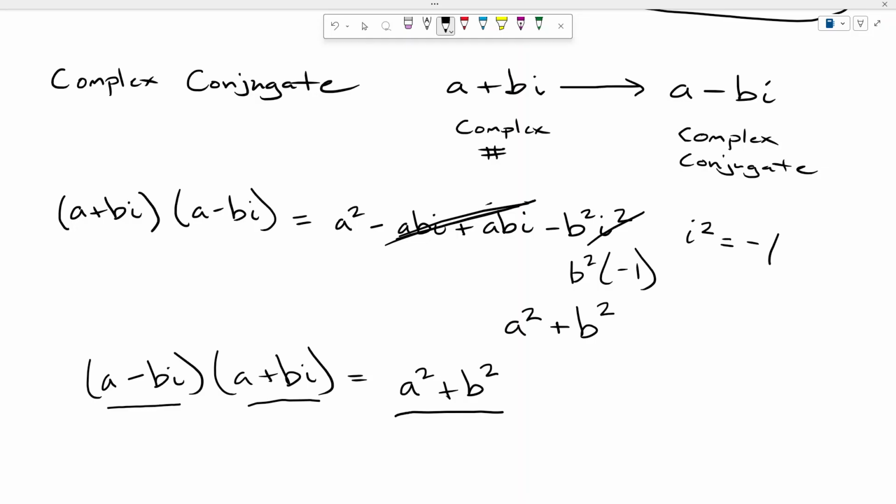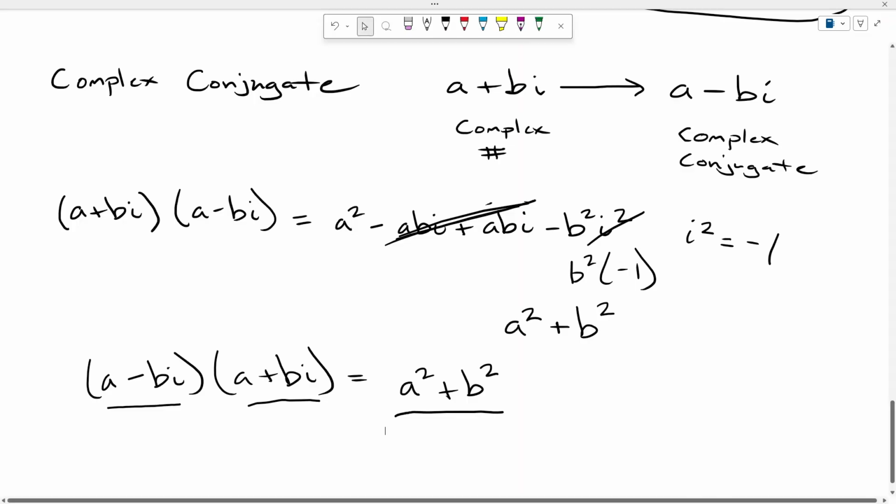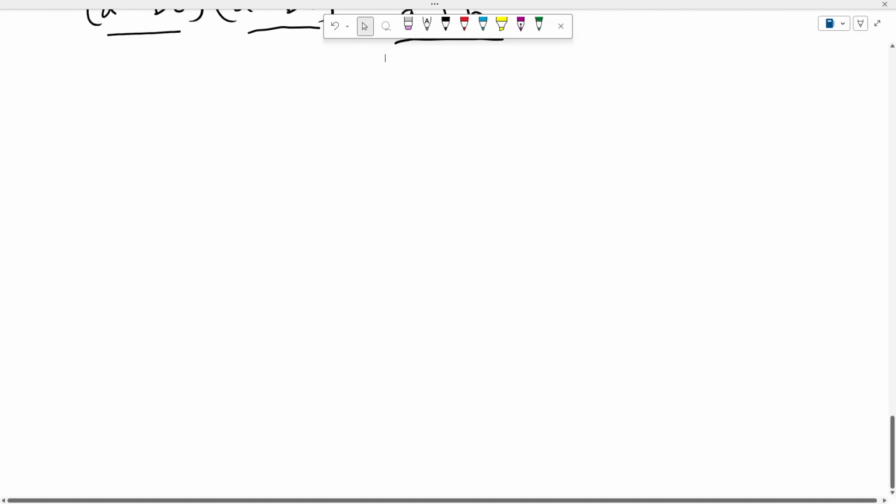And let's take a look at the general formula for it using letters so you can see it. So the general formula for you guys to remember, if we're dividing complex numbers, let's say we were dividing a plus bi by the complex number c plus di. We multiply both the numerator and the denominator by the complex conjugate of the denominator.